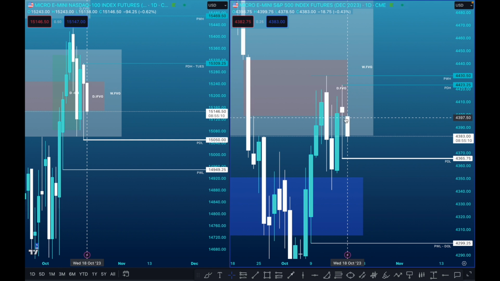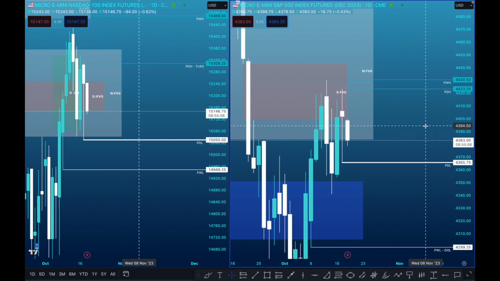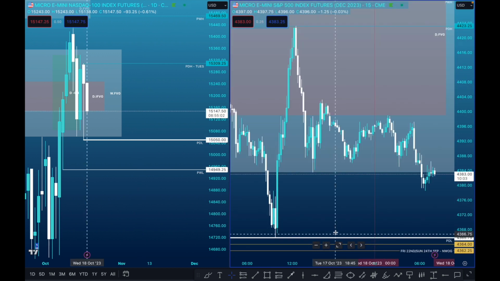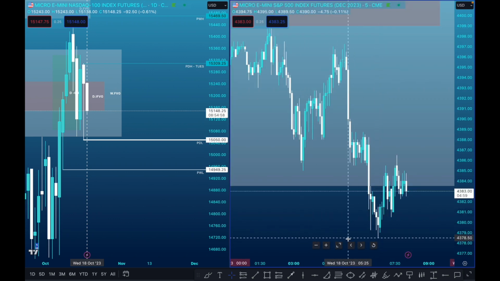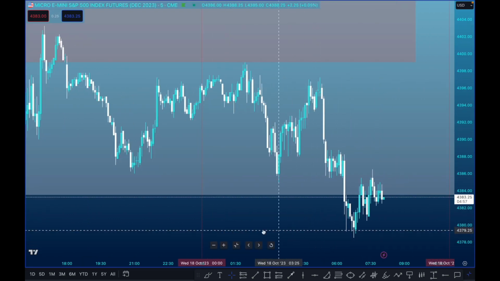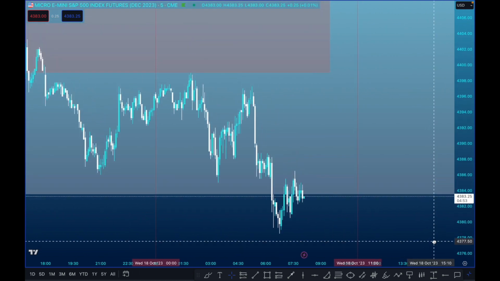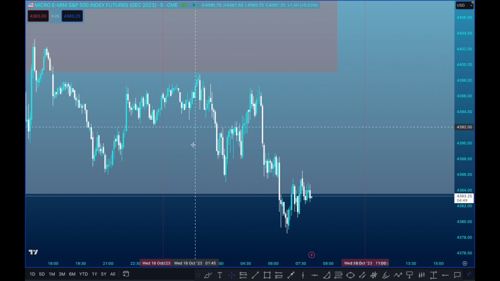So we'll be cautious of that going into New York, because on the lower time frames, if we just go into the 15-minute, for example. Actually, let's go to the 5-minute, and we have a look at this. We can see that we have these relative equal highs just up here.